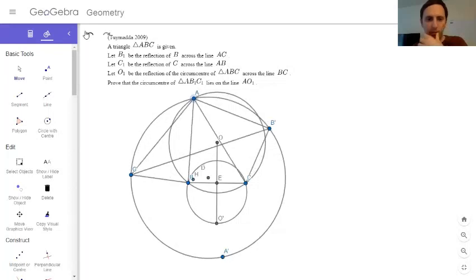I'm not sure what that does. This is a tricky one. This is harder than I thought it would be.